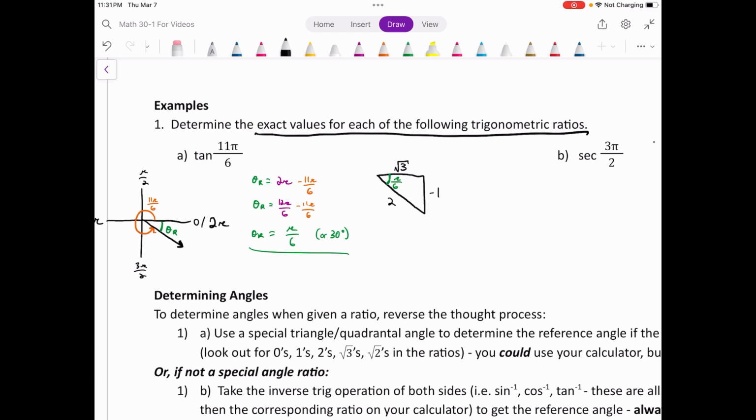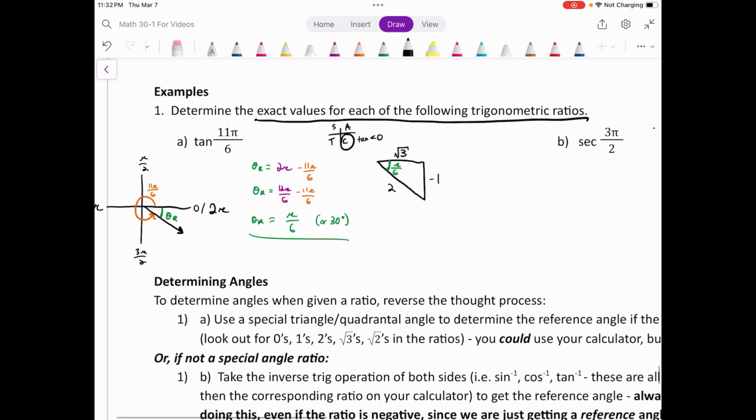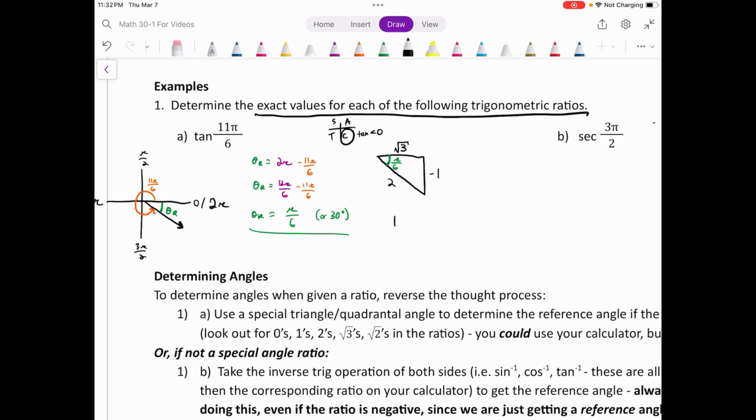Another way to look at it, a reaffirming way, is to say we're in the fourth quadrant, so what should tan be? Tan should be less than 0. Let's see if that happens. Opposite over adjacent is going to be negative. So tan of 11 pi over 6 is just opposite, -1, over adjacent, y over x, -1 over the square root of 3.